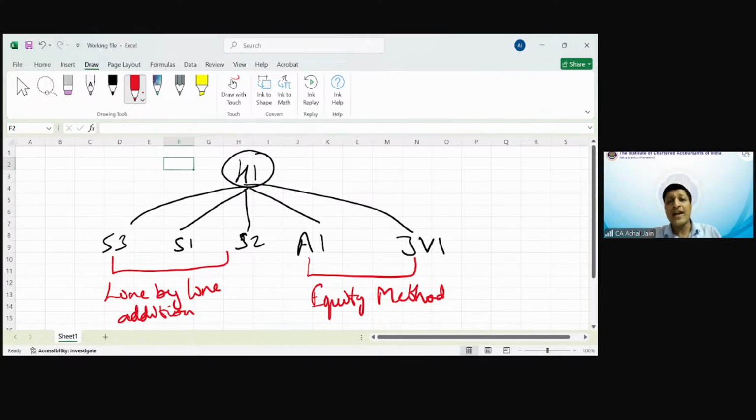So you check whether the subsidiaries have been consolidated using line by line or not, whether the associate has been consolidated using equity method or not. It shouldn't happen that the management has consolidated the associate using line by line addition. That could be a concern.